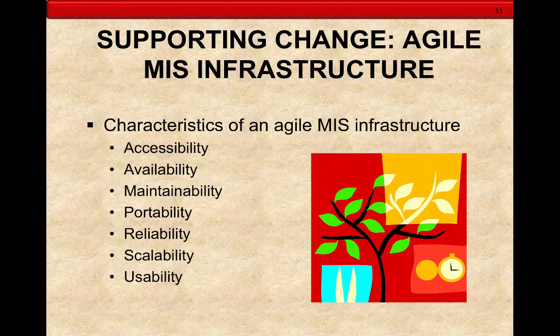So when you're talking about the agile MIS infrastructure, the characteristics that come to mind are accessibility, availability, maintainability, portability, reliability, scalability, and usability. So basically these are the abilities, right?